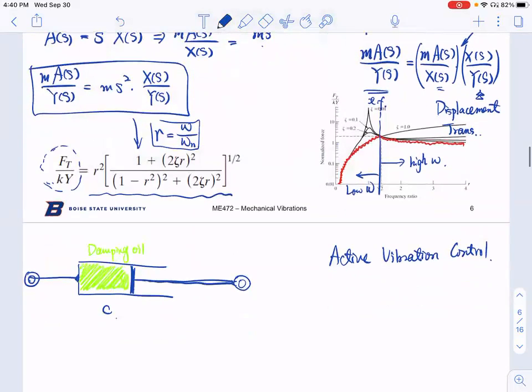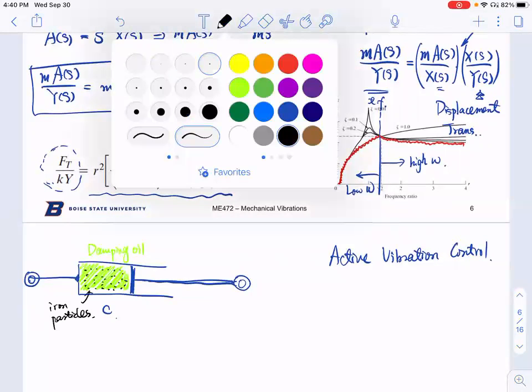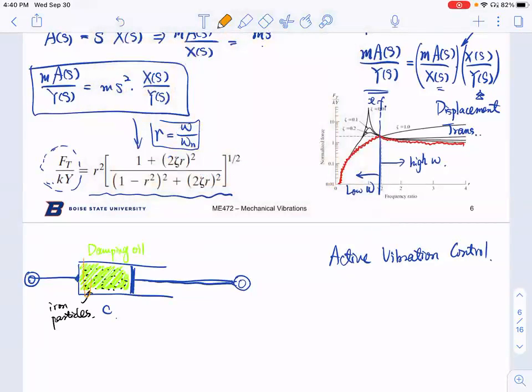So in some of the cars, besides this damping oil, they also put small soft magnetic particles, for example, iron particles. And then on the outside of the cylinder, they will get a coil, and they would apply the current or voltage through the coil.